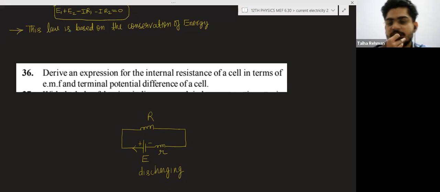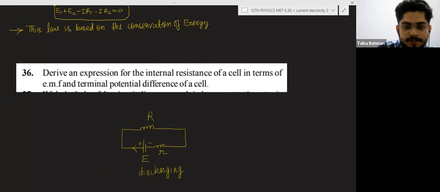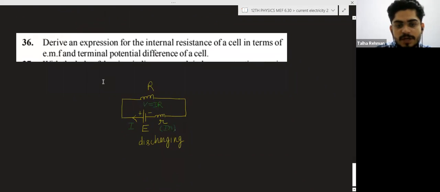The potential drop across this external resistance will be IR. If current I is flowing, then potential drop V is equal to IR. And here the potential drop will be I into small r.